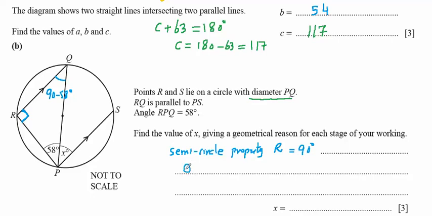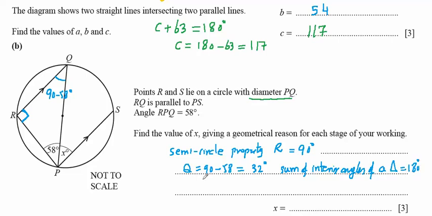So then angle Q will be equal to 90 minus 58, and this will be equal to 32, and the reason is the sum of interior angles of a triangle is 180.